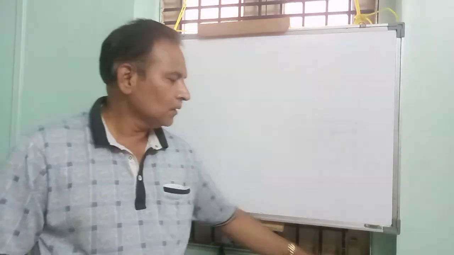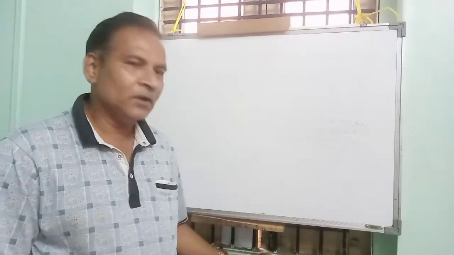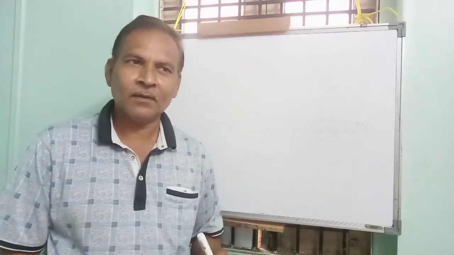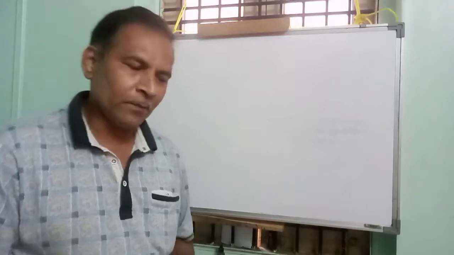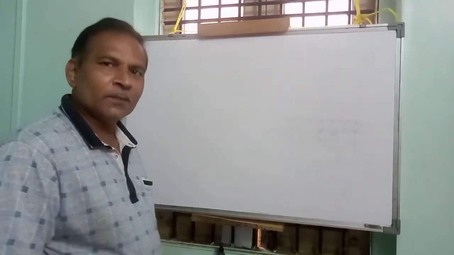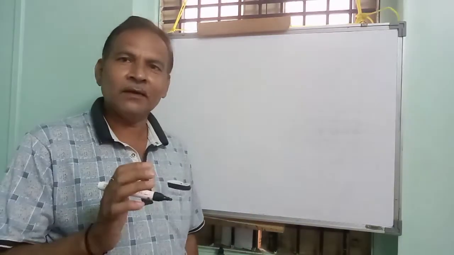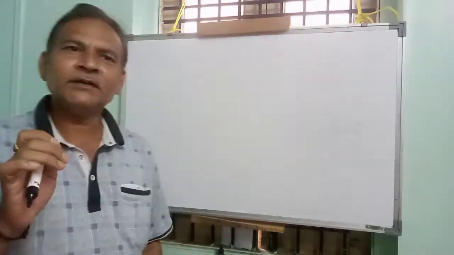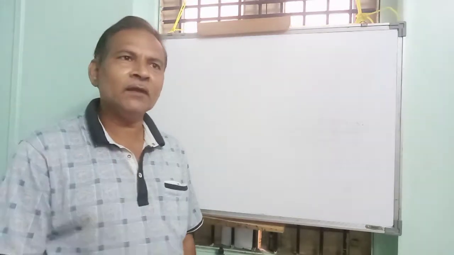Friends, today we'll discuss the remaining part of the n factor and equivalent weight, and then go to the points of the topic. In the previous video we have seen that equivalent weight is equal to the atomic weight or molecular weight of the species divided by the n factor.